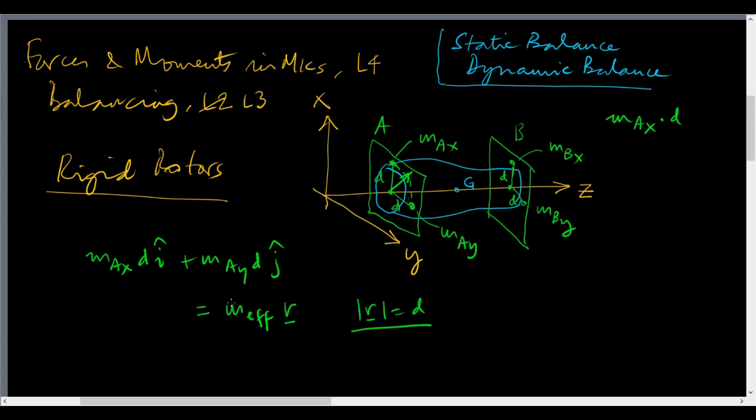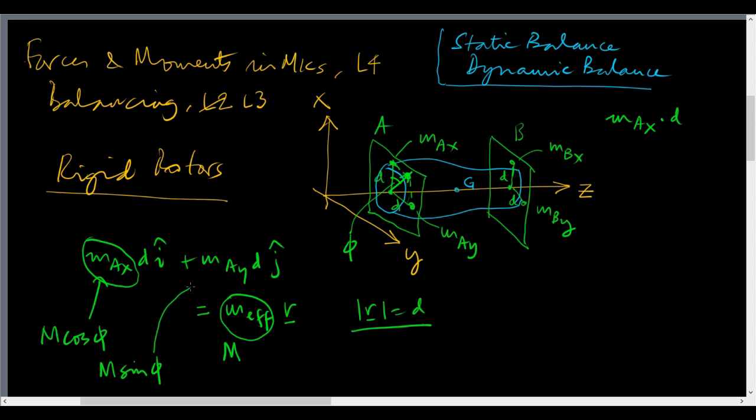What happens is this one is taken as some m, that is that capital M. This angle would then be phi. M cos phi would be this max. M sin phi would be this may. I hope you remember this from the previous lecture.